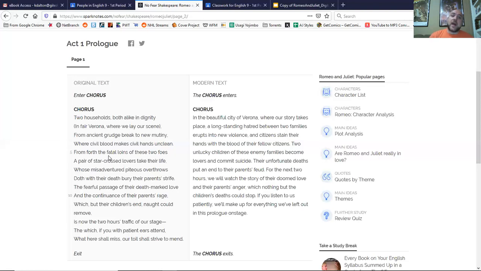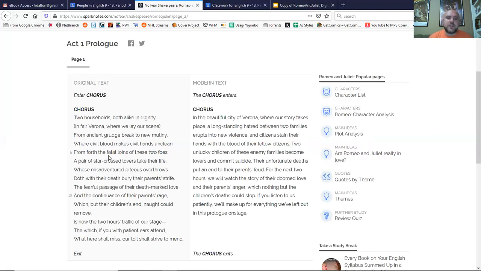As we find out later in the play, this is one of the plans of one of the characters. He wants these two to get together. It's a character called Friar Lawrence that we meet in Act 2, Scene 3, who wants these two to get together because he can unite the houses. He can stop the feud. And it does stop the feud, just not in the way that anybody wants.